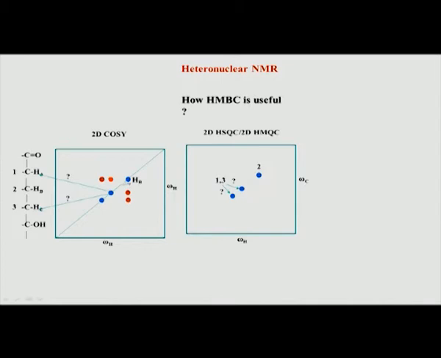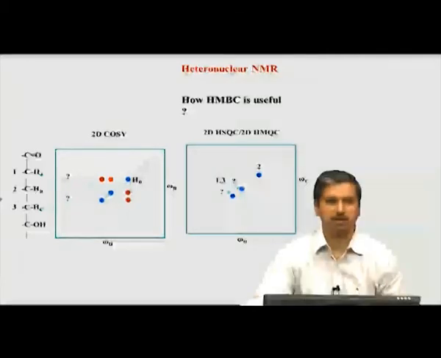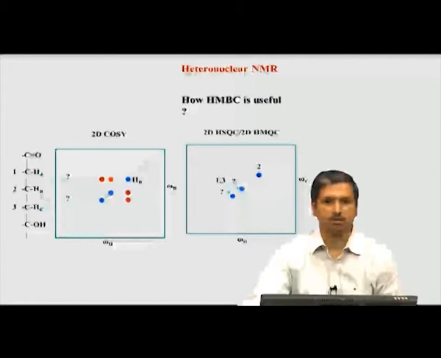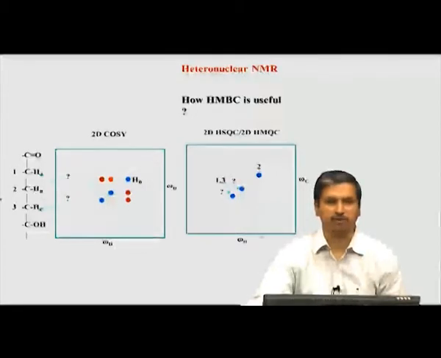Okay. Now, knowing the chemical shift of the hydrogen, which is on this vertical line that I am drawing with this arrow, I can use the same value on this vertical line here, and therefore I can say that this correlation in HSQC belongs to carbon number 2, because proton number 2, that is this proton Hb, has this chemical shift value, which is what I have also seen in this spectrum.